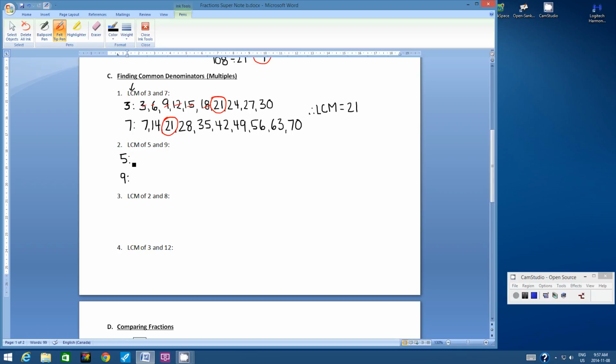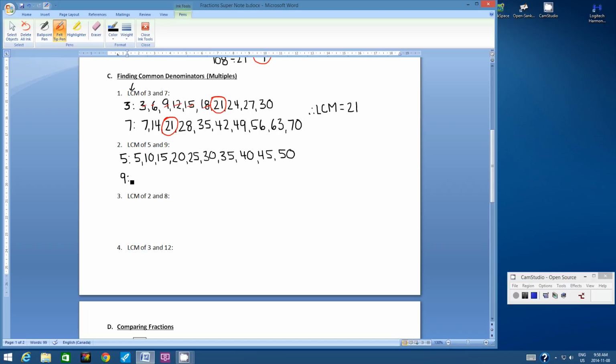Let's generate a list of multiples of both 5 and 9, starting with 5 times 1, which is 5. All right, I'm going to go all the way up to 50, 5 times 10, which is 50.